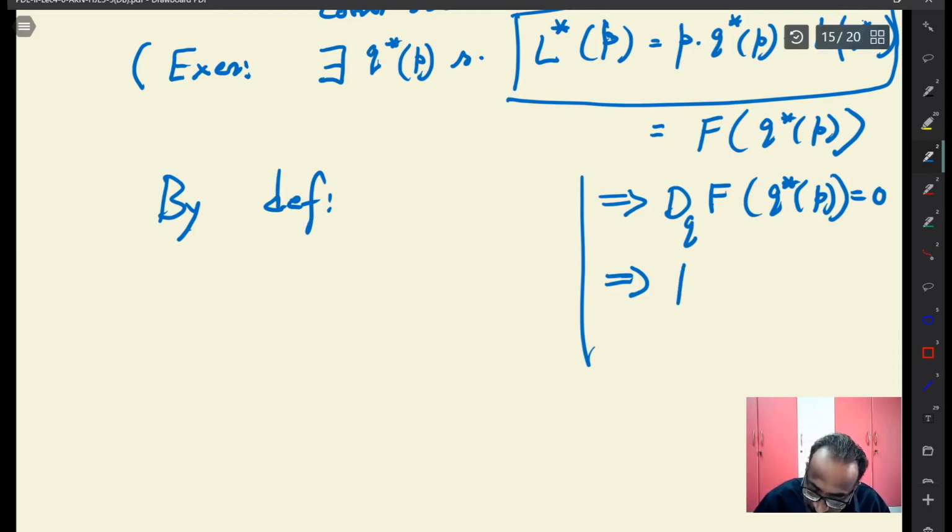That implies P minus dq of L at Q star is equal to 0. You see, you have that.